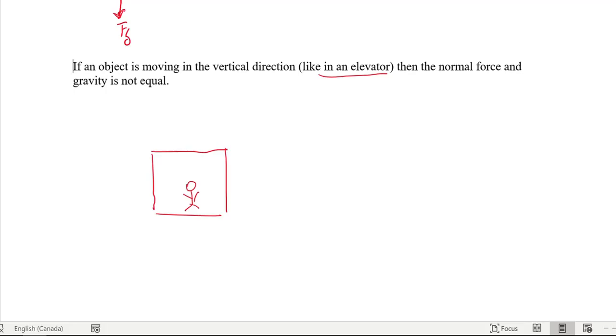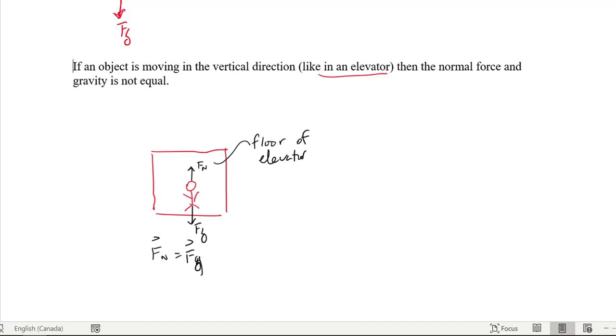If you're just standing inside an elevator that's not moving, then the normal force acting on you, from the floor of the elevator, is balanced out by gravity, right? And those 2 are equal.